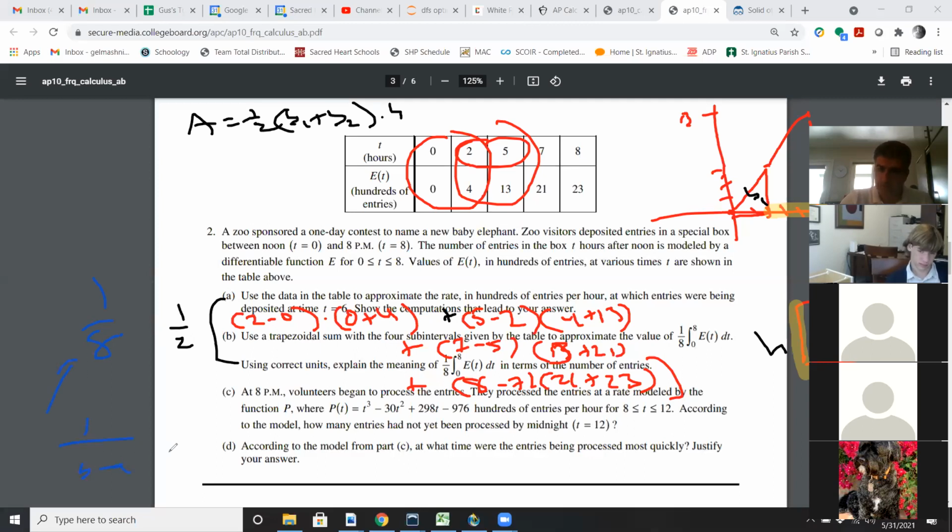So this is going to be the average number of entries we're receiving. That's what that represents.